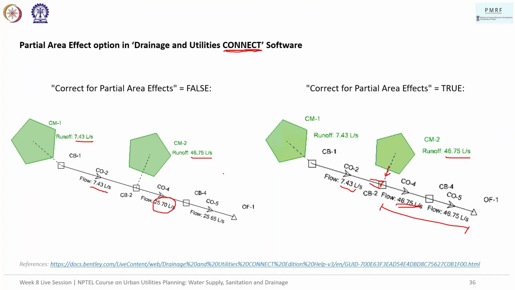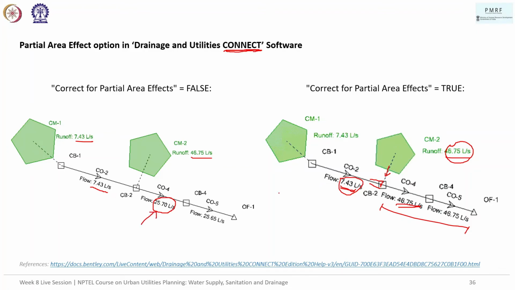So even within this software, the partial area effect comes into play only if this combined number is lower than this inlet number, right? So this is known as the rational flow. Rational flow is basically what is already coming in through the system. Sorry, not this number actually.